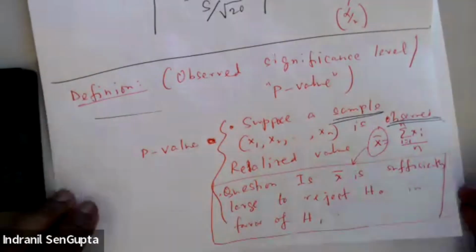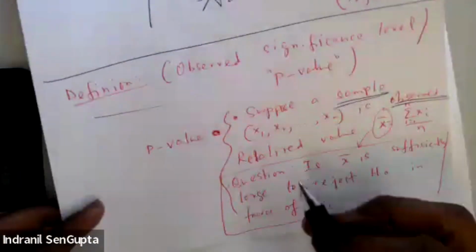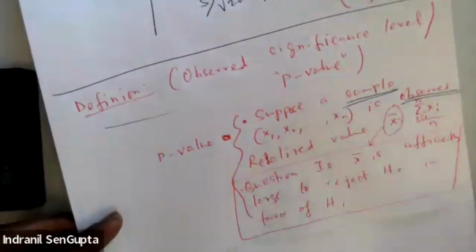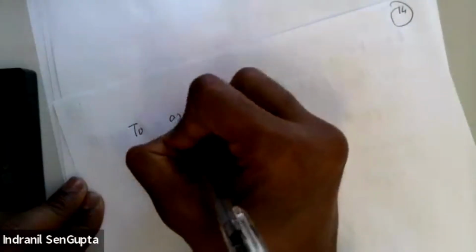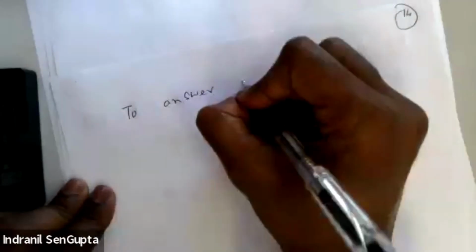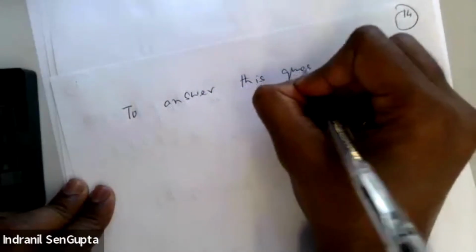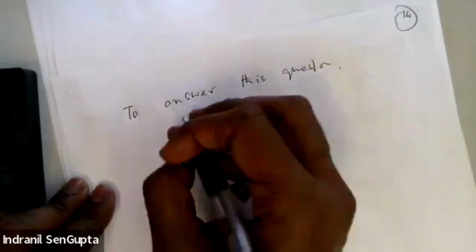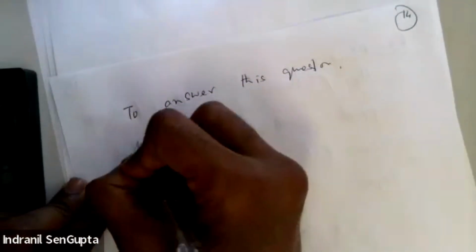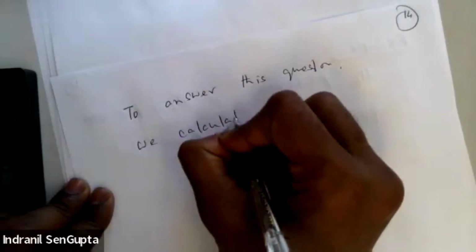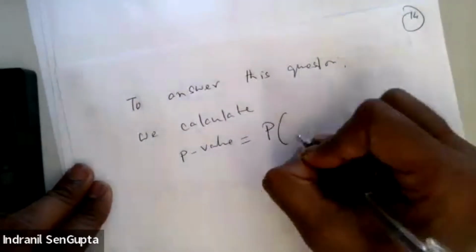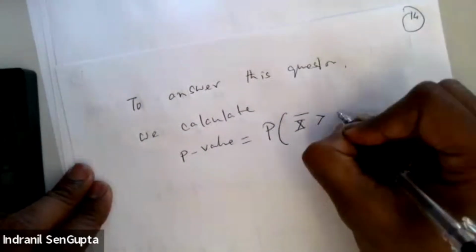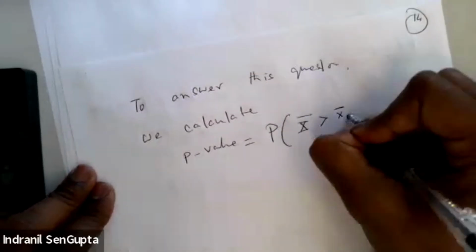To answer this, we have to define this quantity. We define a p-value. We calculate the p-value, which is given by the probability of X bar bigger than the observed x bar.